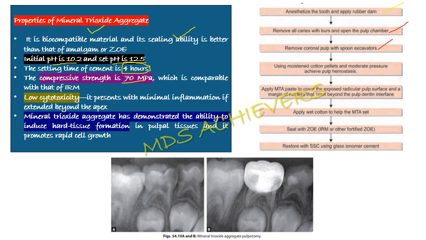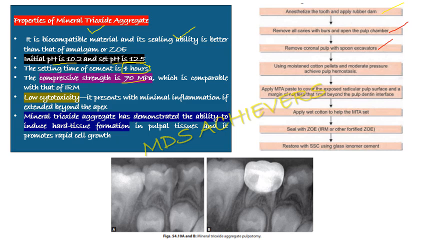Apply MTA paste to cover the exposed radicular pulp surface and a margin of less than 1 mm beyond the pulpal dentin interface, and apply wet cotton to help the MTA set. Then seal with ZOE, IRM can also be used, and restore with a stainless steel crown.